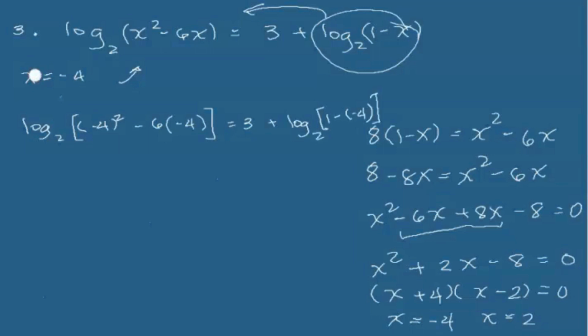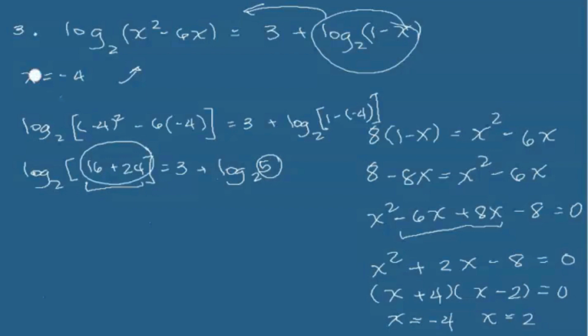So this would be logarithm base 2 of 16 plus 24 is equal to 3 plus logarithm base 2 of 1 plus 4, which is 5. So we can see that we have positive logarithms, positive arguments. So therefore, x equals negative 4 is a solution.